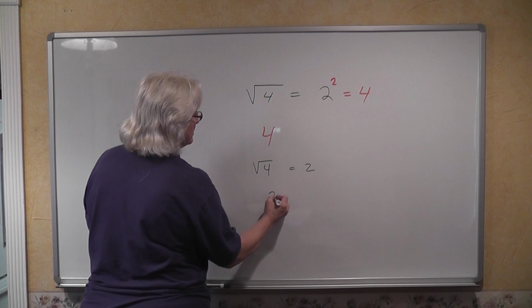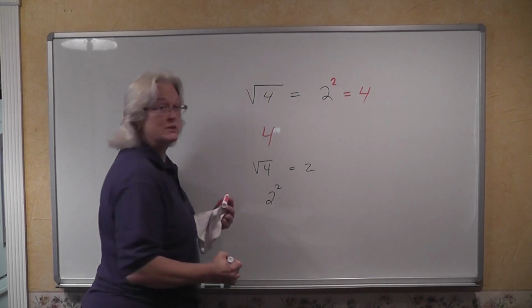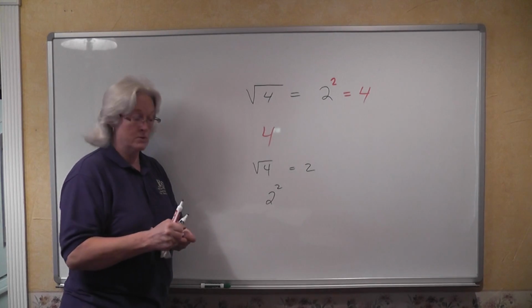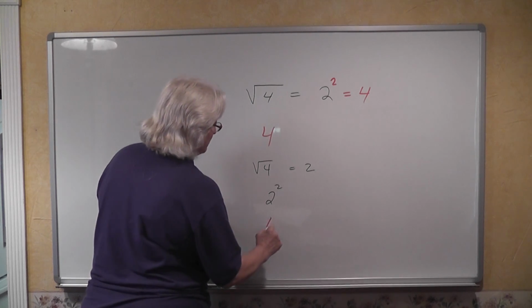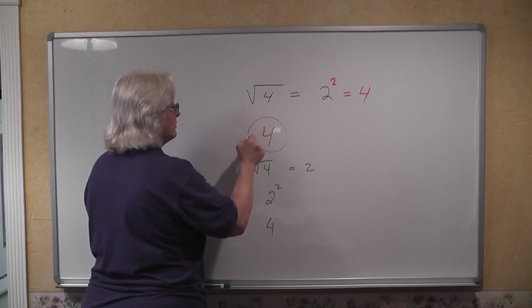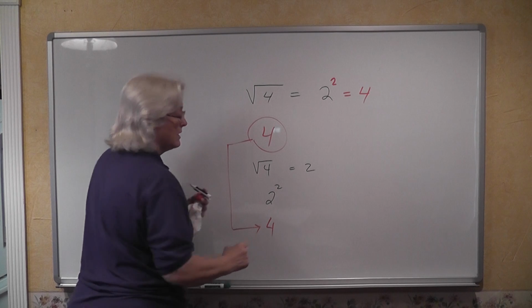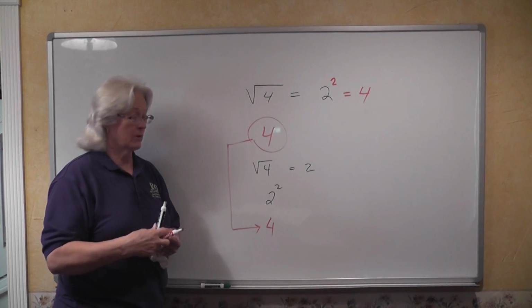Then we took that 2 and we squared it again. And what was the result of that? 4. We started with 4 and we ended with 4.